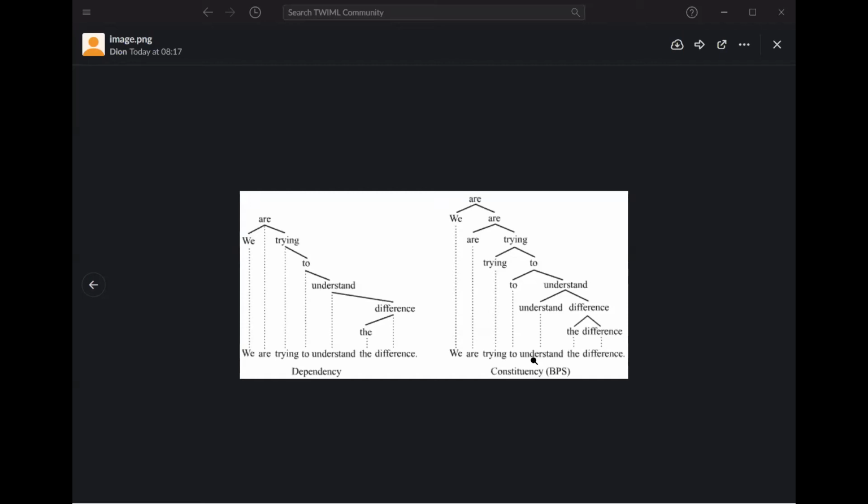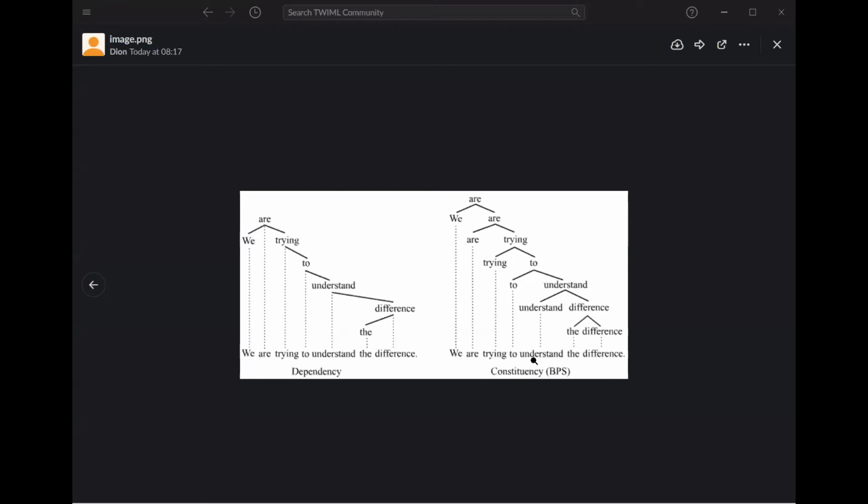Yes, the head. So, question: is there a distinction between left-pointing arrows and right-pointing arrows? In the dependency graph, all the arrows to the right are pointing to the right, trying to understand difference, but then all of a sudden there's an arrow pointing to the left, from difference to the.